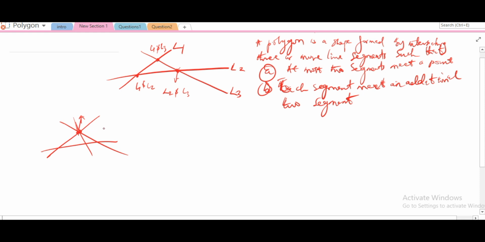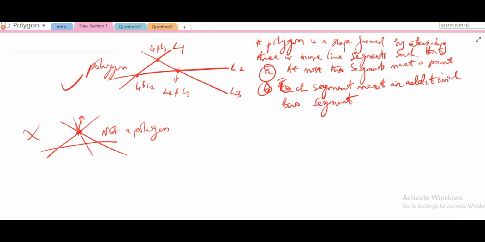So this is not a polygon, but this is a polygon. That's the first thing we need to know here.